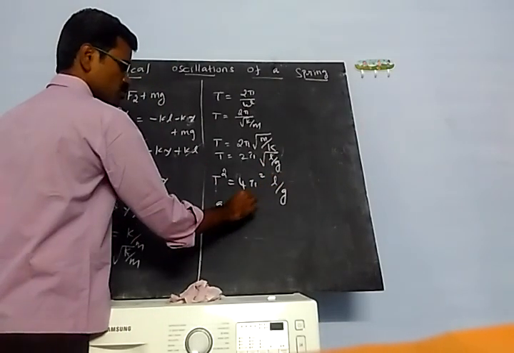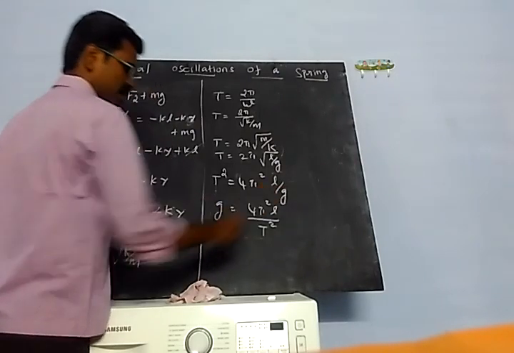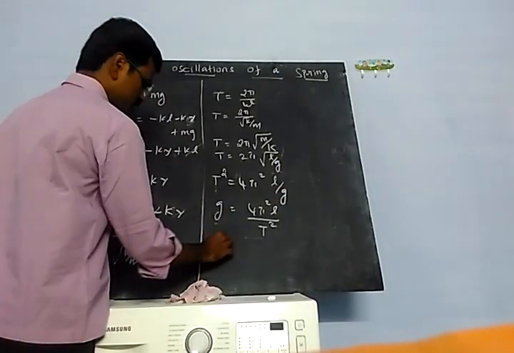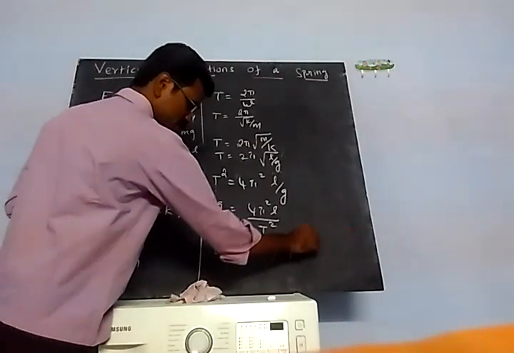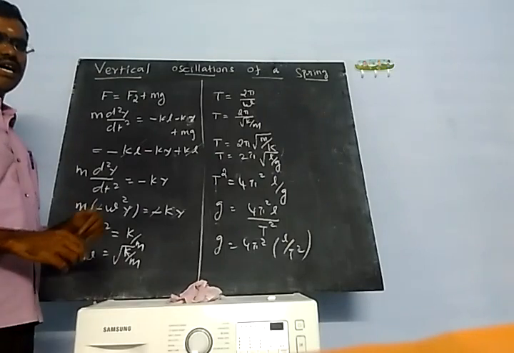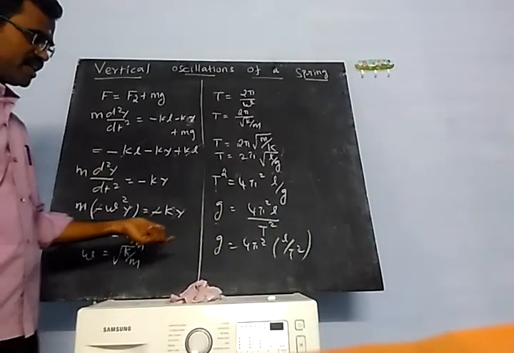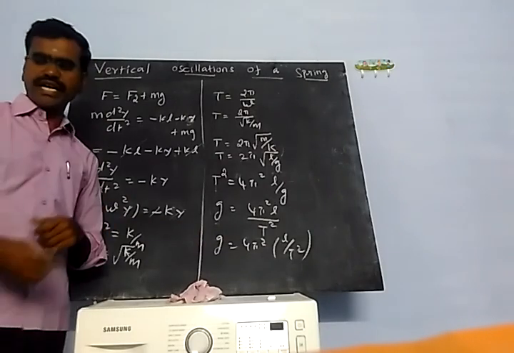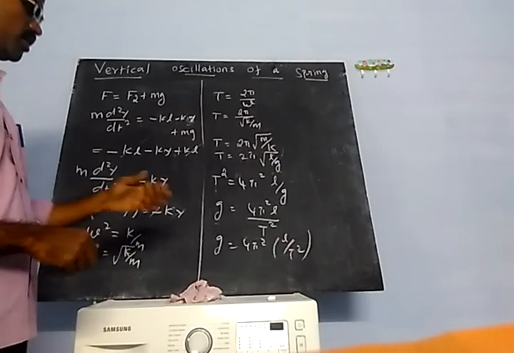Then g is equal to 4 pi squared L by T squared. So this is the way to find out the acceleration due to gravity. So g is equal to 4 pi squared L by T squared. Okay, do you understand, ma'am? Okay, thank you.